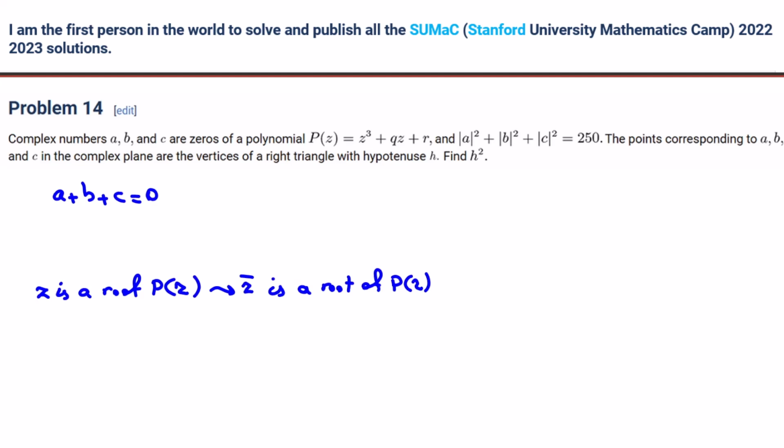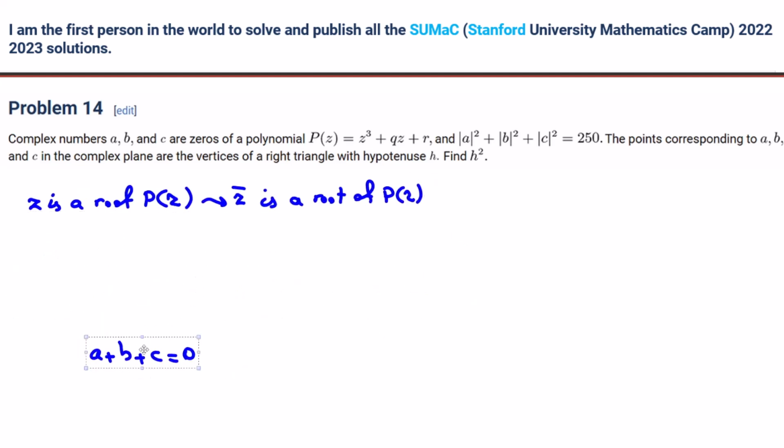So I think 90% it should be. Okay, so A, B, C, A squared, B squared, C squared. So let's try to consider the coefficients are real, then we also solve it for the general case.